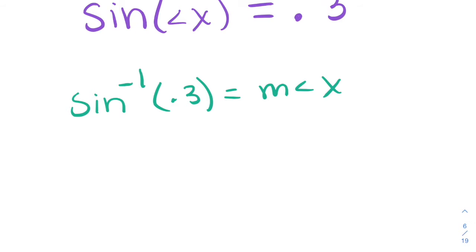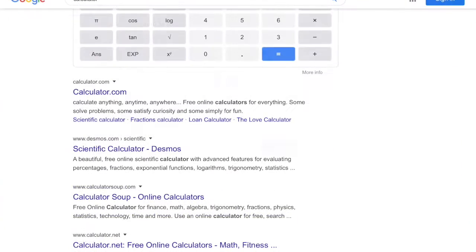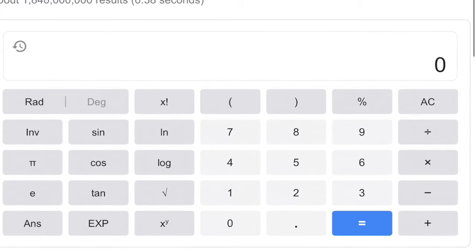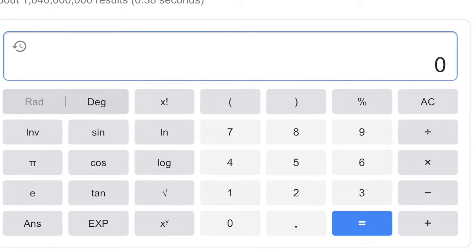All right, so the measure of angle x is going to be equal to the sine inverse of 0.3. All we have to do is put that into our calculator. Make sure you're in degree mode.